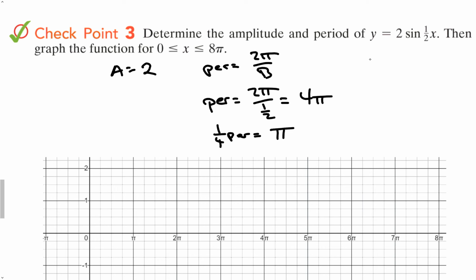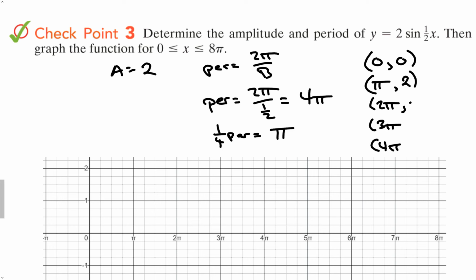So my 5 key points then, we start at the 0, we then go a quarter period each time. No fractions, nice and easy. Okay, then I start at the middle. This is a positive 2, which means my next point is going to be the max, the middle, the min, and the middle again.